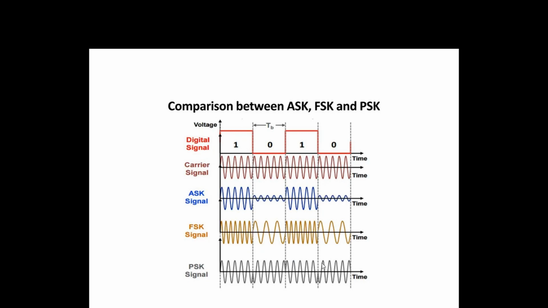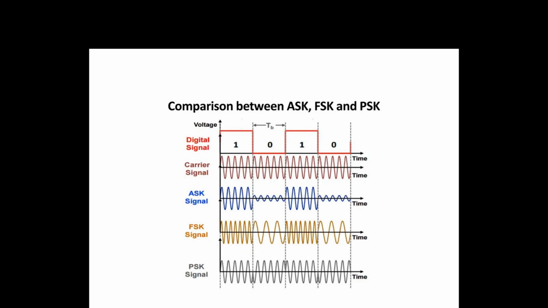We have to shift our carrier phase by 180 degrees. This is said to be the phase shift keying method. One thing I should tell you is that in ASK only the amplitude of the carrier signal varies, whereas the frequency and phase of the carrier signal remain constant.